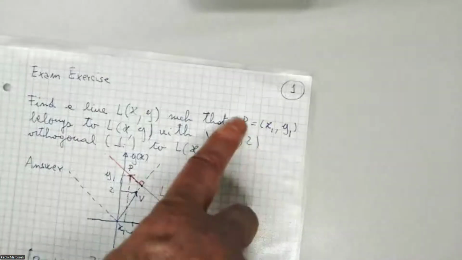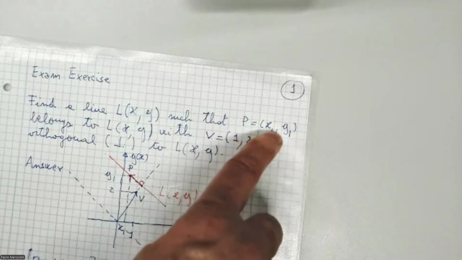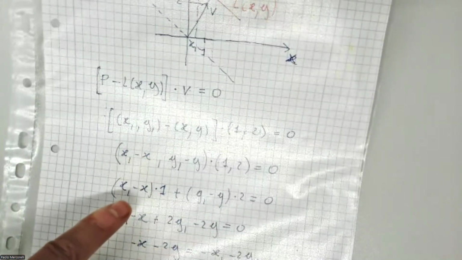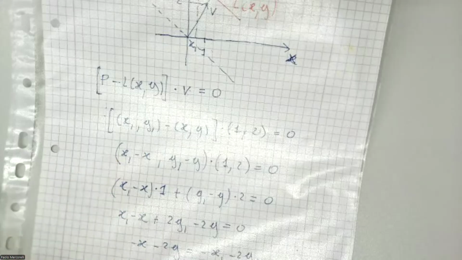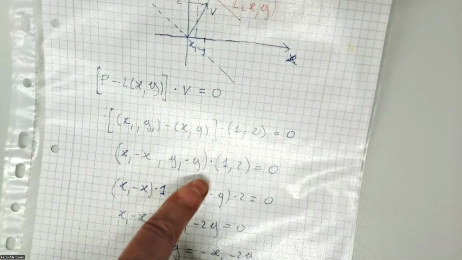Because P was x1, y1, right? This means I plug in the definition. Then I do the difference: x1 minus x, and here we have y1 minus y.